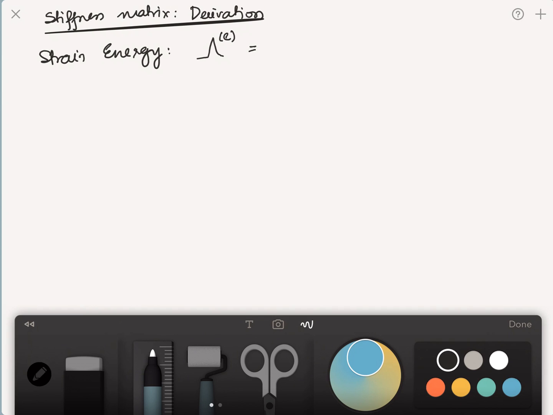Gamma is given as the integral over the volume of E epsilon square by 2 dV. So this is the definition of the strain energy in the system. Here E is basically the material property which we know of. It's generally a constant, so we can take that out of the equation. So we have E by 2 times the volume integral of epsilon square dV.